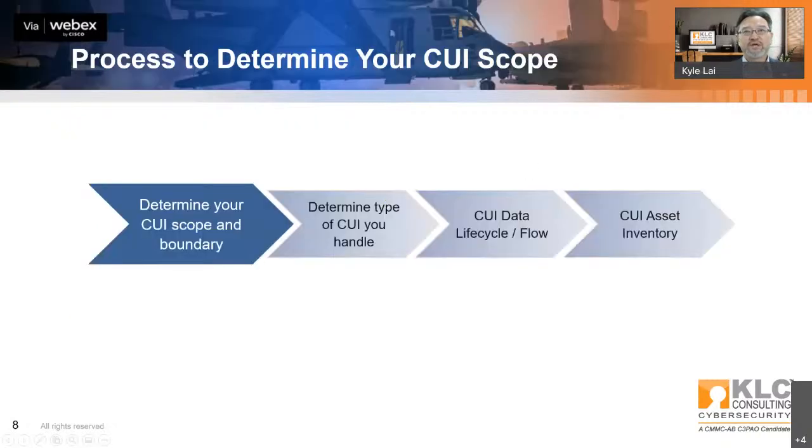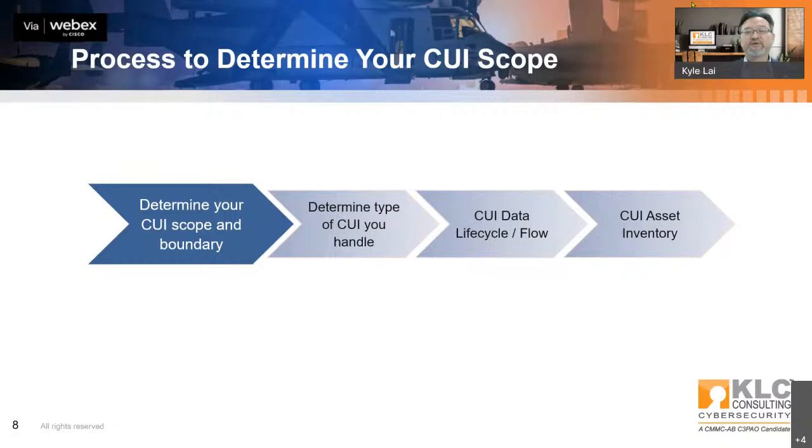Okay, so let's take a look at a very high level process of how you go about determining your scope. The first thing you have to know is what type of CUI you have within your organization. If you don't know what CUI you have, it will be very difficult to plan properly, right?